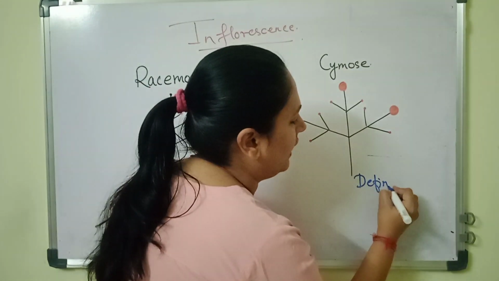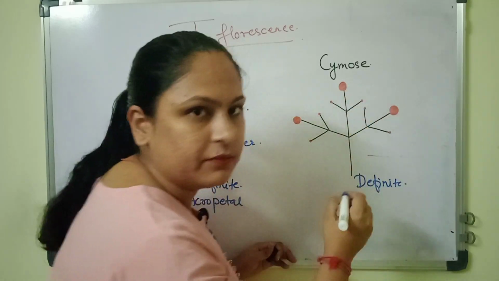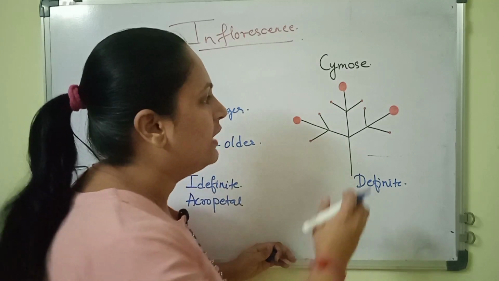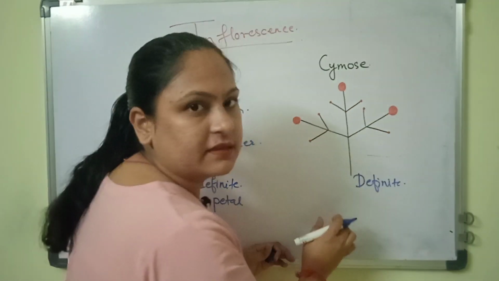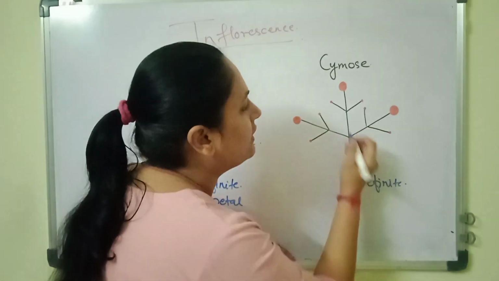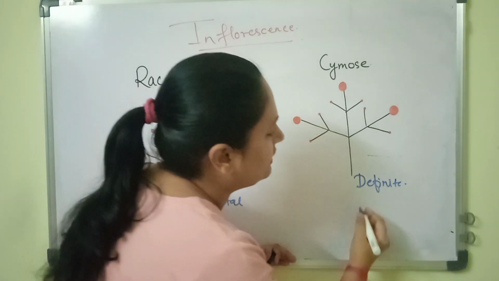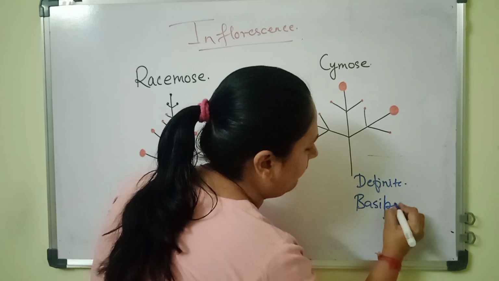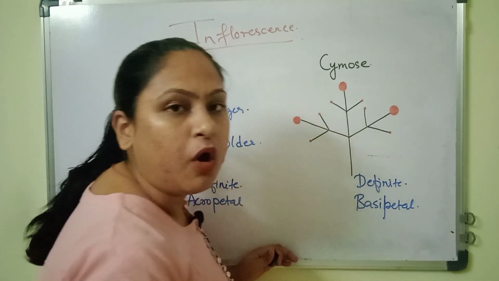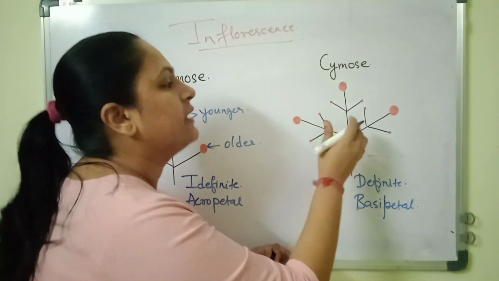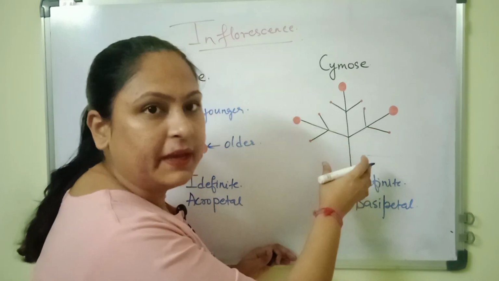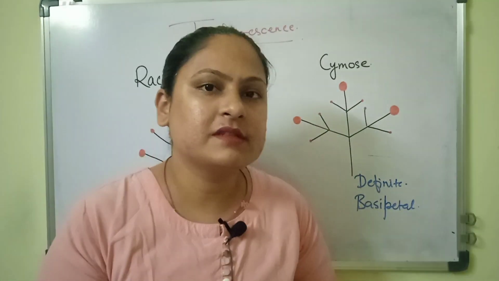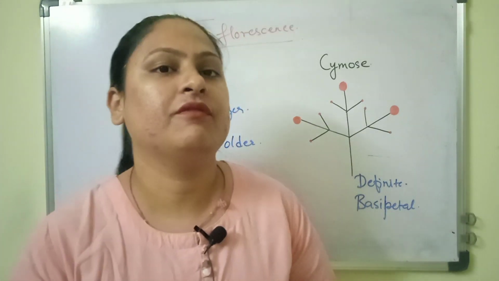The growth is terminated because of the presence of a mature flower, and the younger flowers are at the base. So here the growth of flowers takes place in basipetal order, that is younger at the base, older at the apex. Such a type of inflorescence is called the cymose inflorescence.